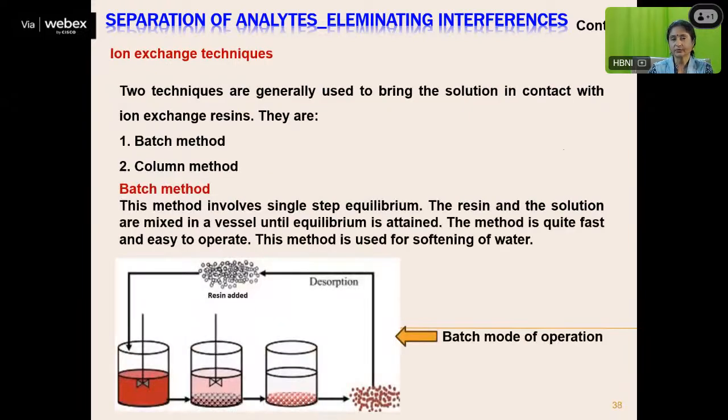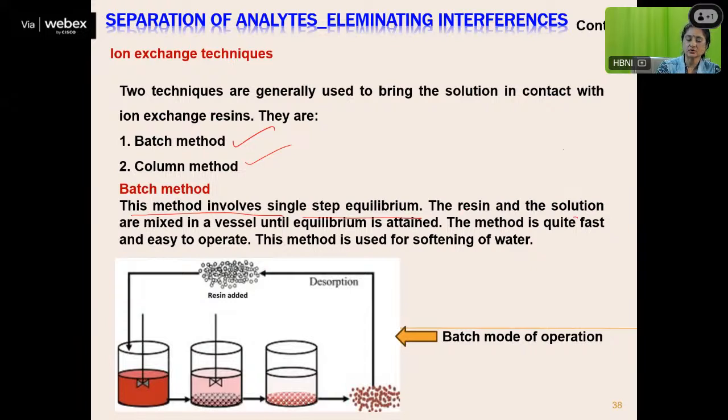Now, if you are using the ion exchange method, normally in the lab we use batch methods. It can also be used as column methods, and in plants or big establishments it is used as column methods in industry. But for a normal experiment, you can go for the batch method. What is a batch method? This method involves single step equilibrium.